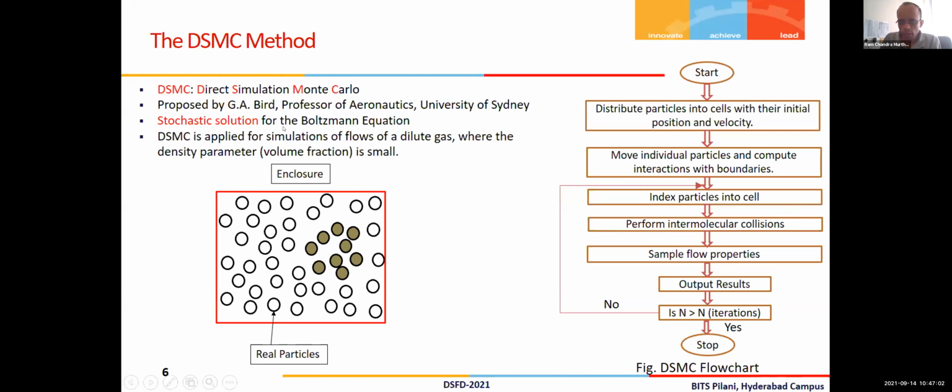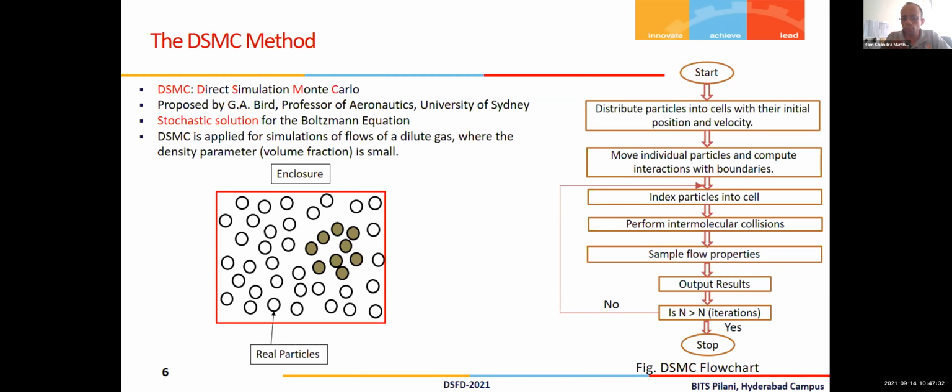So the DSMC method that we refer to in this presentation is a direct simulation Monte Carlo proposed by Professor G.V. Bird, and it's a stochastic solution to the Boltzmann equation. It is applied for simulation of flow of dilute gases where the density parameter is small. So essentially the idea is you group certain number of particles or molecules and call it one simulated particle.